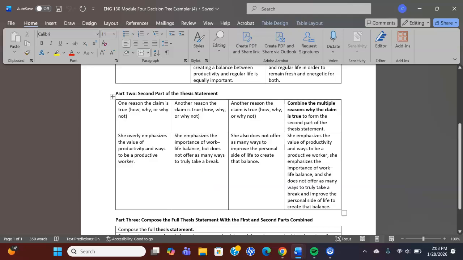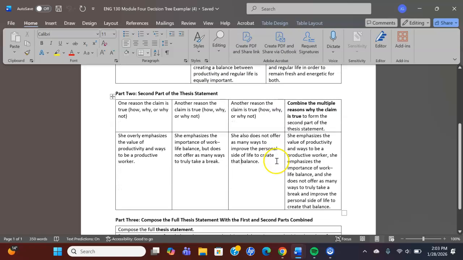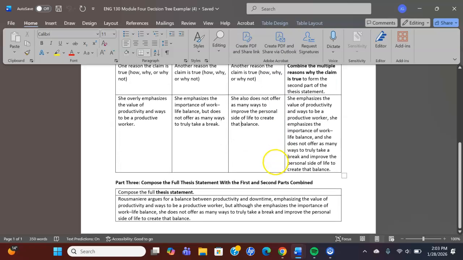So this is showing why she is ineffective in this aspect. And then she also does not offer as many ways to improve the personal side of life to create that balance. So you see that these are three specific reasons that will prove this claim up here that the article is ineffective.